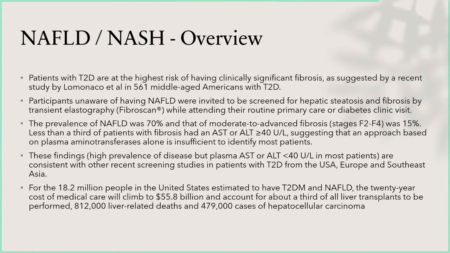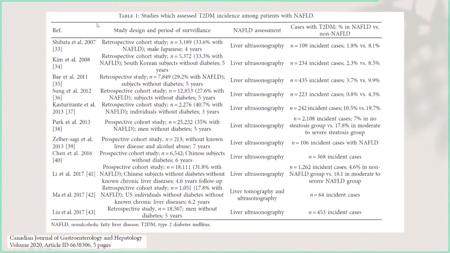Having the combination of diabetes and NAFLD or NASH is going to increase the risk of poor outcomes. So these are studies that assess the incidence of diabetes among patients with NAFLD.